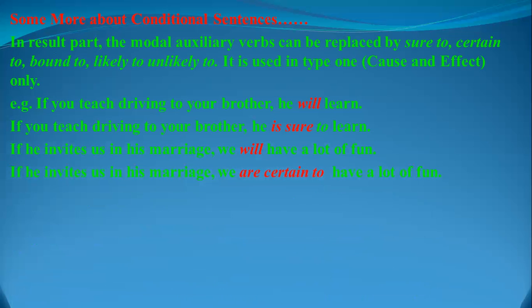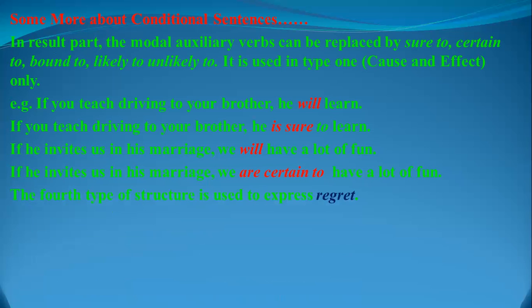It can be like this: if he invites us to his marriage, we are certain to have a lot of fun. So modal auxiliary verbs can be replaced by different adjectives as per the certainty of possibilities. So we can say 100%, 75%, 50%, 25%, or 0%, like that.